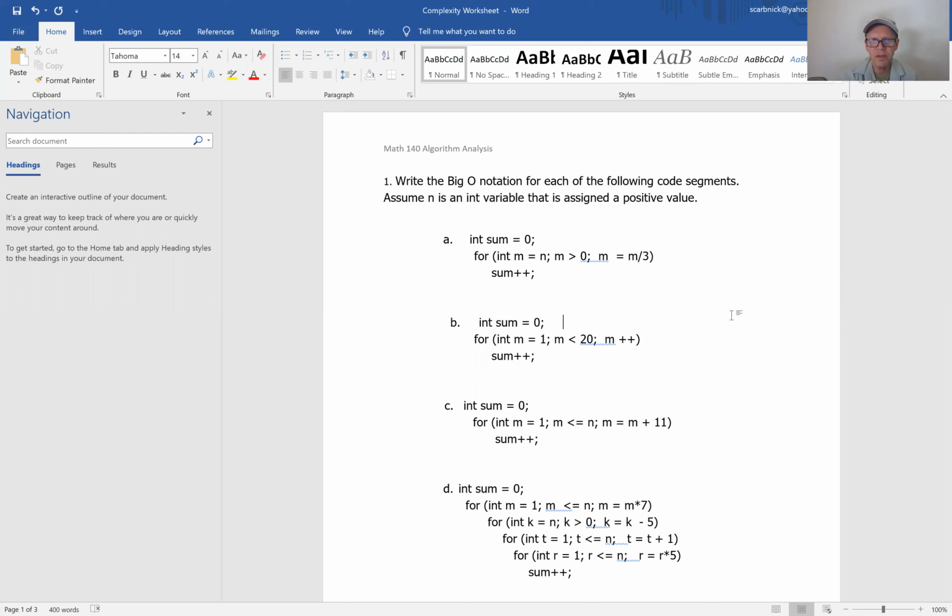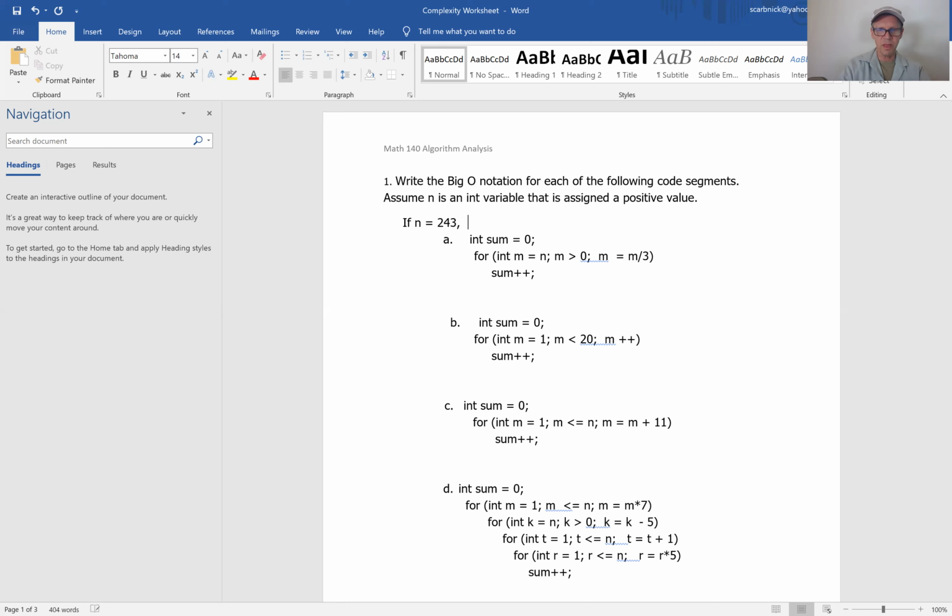So if the counter variable changes geometrically, like here, let's say n was 243, it would go down like powers of 3, so it's about log base 3 of n.